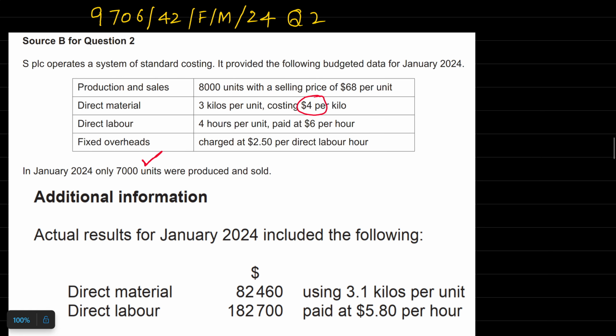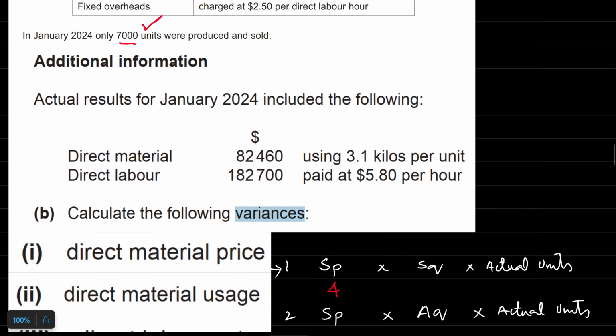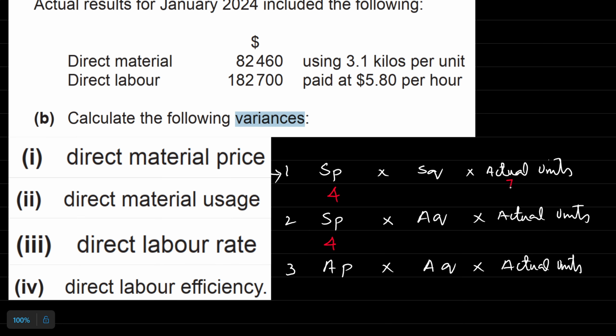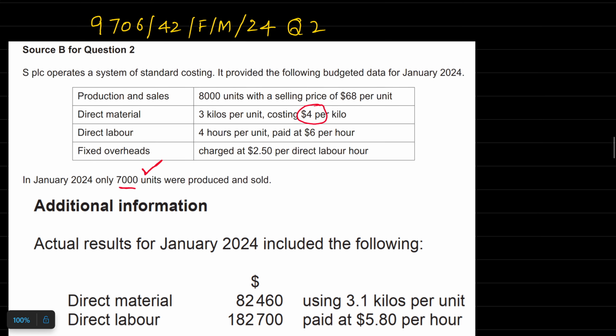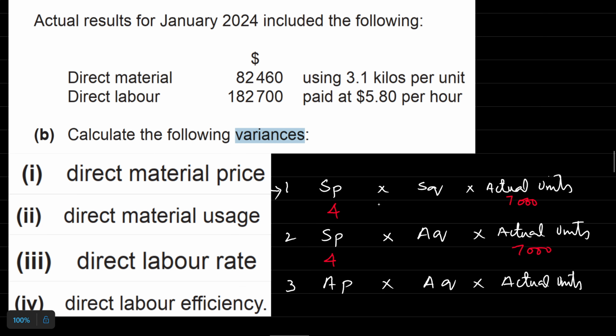We were able to manufacture 7,000 units, 7,000 units. Standard quantity of 1 unit is 3 kilos. Actual quantity, these are the actual results. Actual quantity is 3.1.